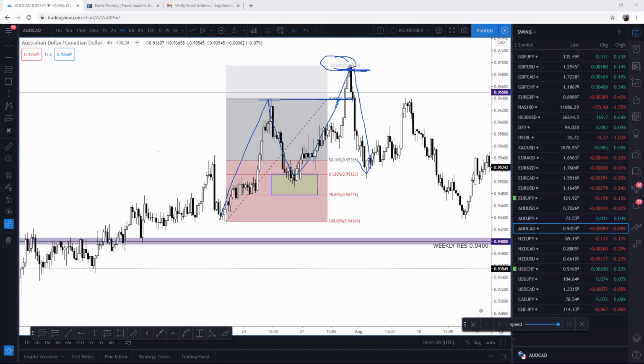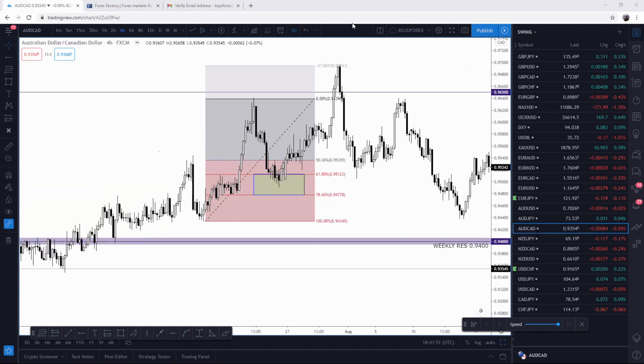If you had caught this move here with your stop loss beneath, then a good way to set your target, right? A good way to set your target in this kind of a move would be first putting your take profit one on the highs right here, because you don't know if the market is going to make equal highs and then reverse down, right?